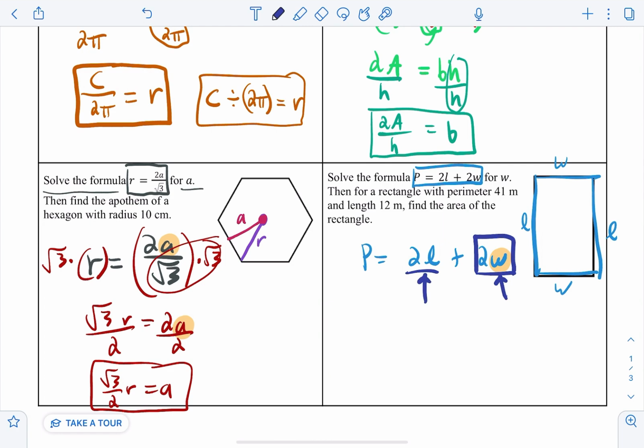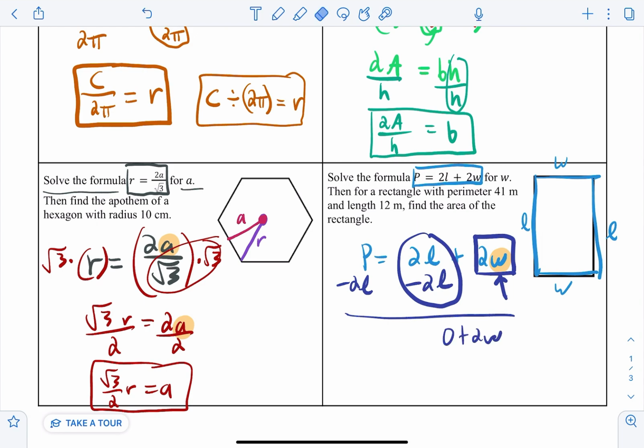That 2L is being added on this right side, so I need to subtract 2L from both sides. If you take 2L and subtract 2L, that equals 0, and you get 0 plus 2w, which is just 2w. On the other side, you have p minus 2L, which you just leave as it is because those are not like terms.